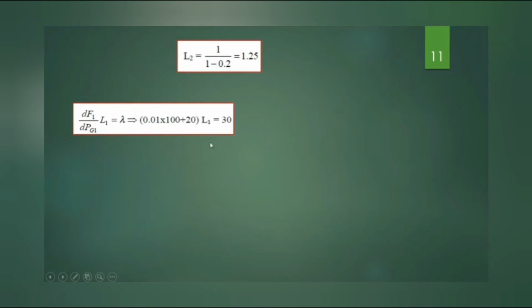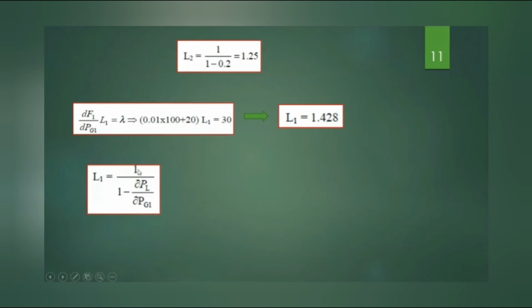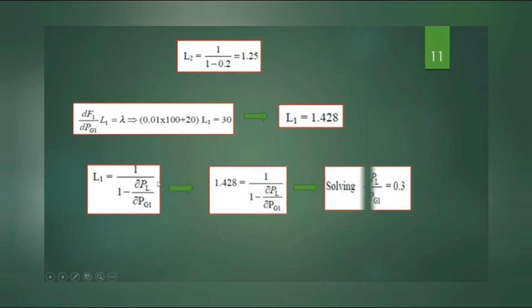So you will get L1 equal to 1.428, right? What is 30? It is incremental fuel cost, right? So L1 equal to 1 upon 1 minus del PL upon del Pg1. Put the value of L1 as 1.428. You will get del PL upon del Pg1 equal to 0.3.